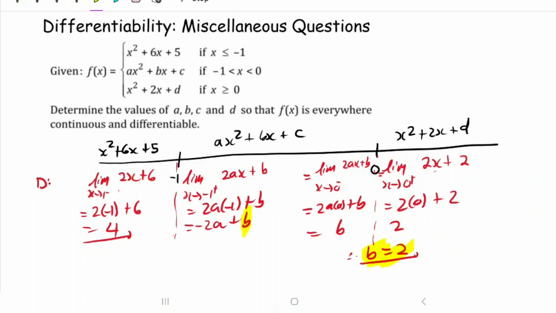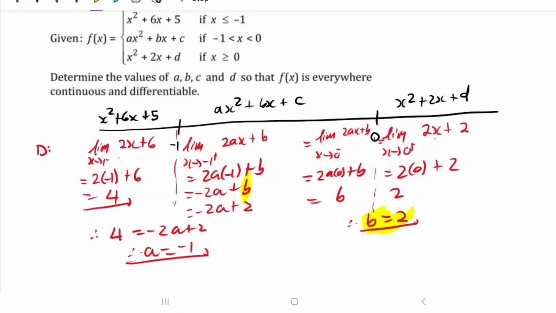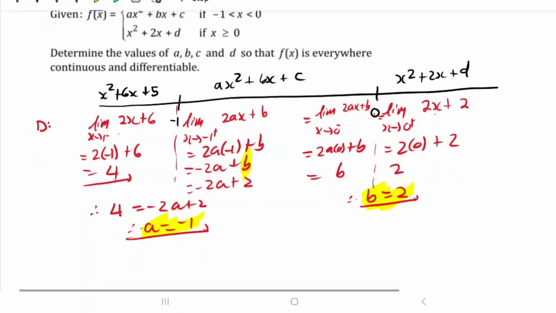So we can safely say this is minus 2a plus 2. And by our rules of differentiability, we can say that 4 is equal to minus 2a plus 2. And from here, we can easily work out that a is equal to -1. Bam. So that is our other value. We found a is -1.